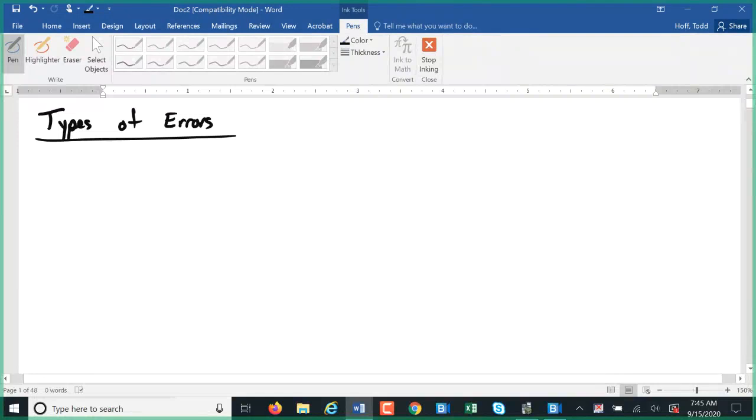Errors are, I won't say bad, errors are undesirable, but they are there. There's an error in everything we do. And so we need to understand what type of error applies to what we're doing. Mathematically speaking, there are really only two types of errors.